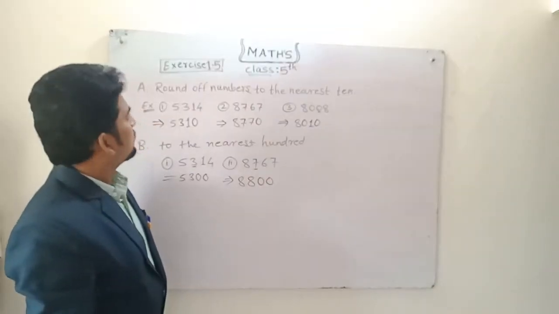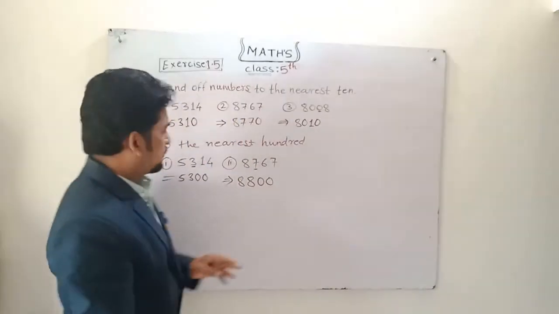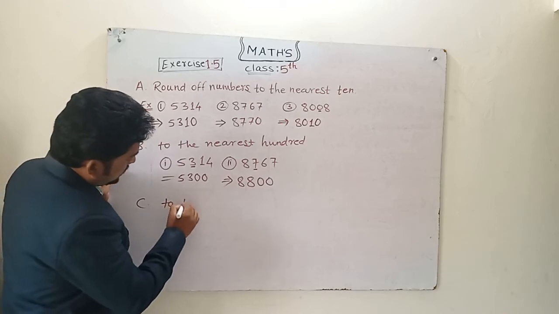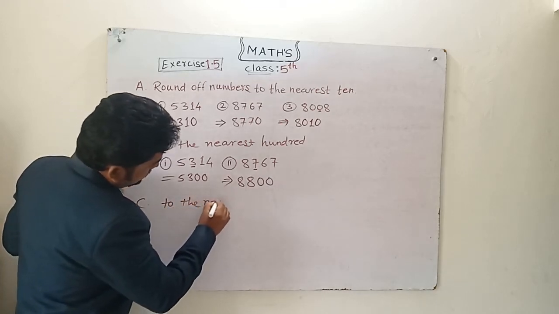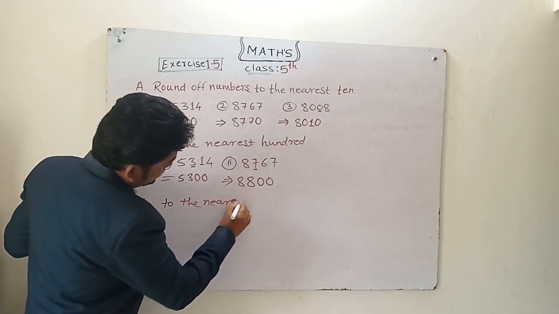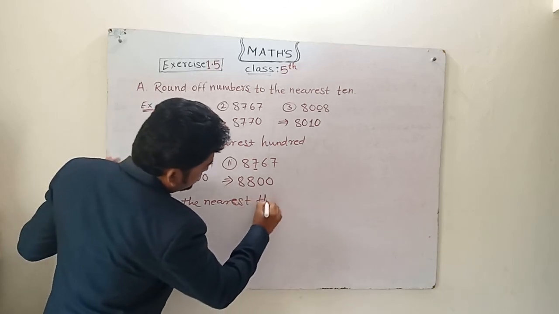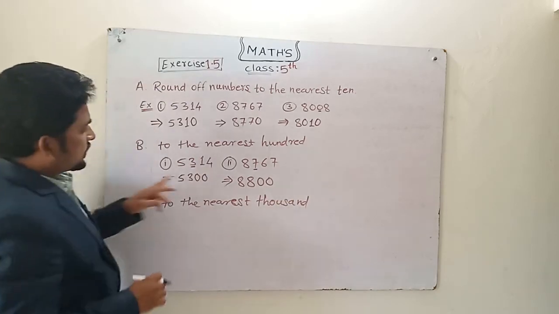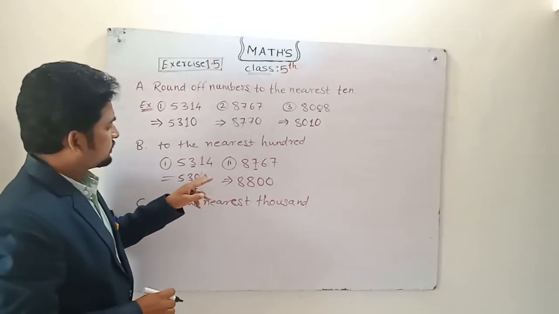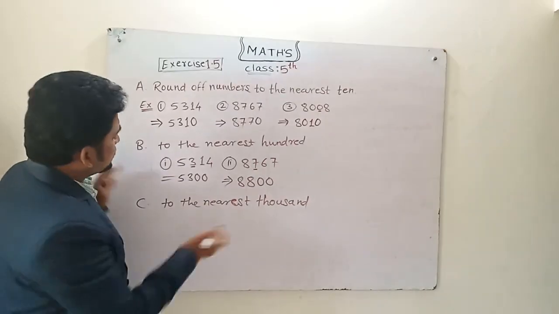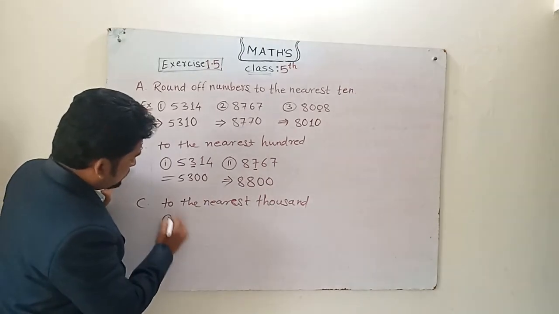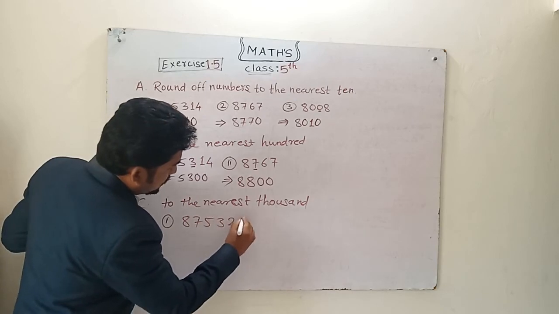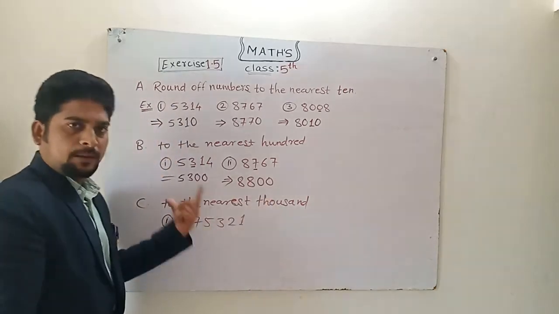Again one example we will take to the nearest 1000. Okay, question number C, to the nearest 1000. Same example I will take: 87531.